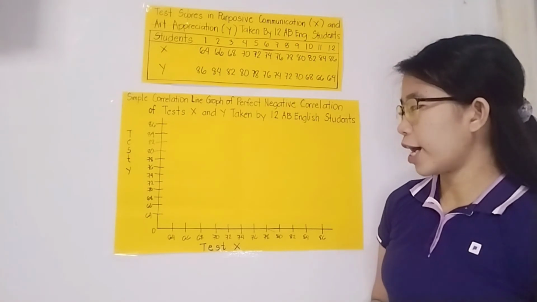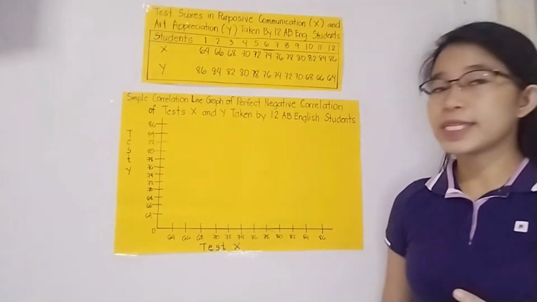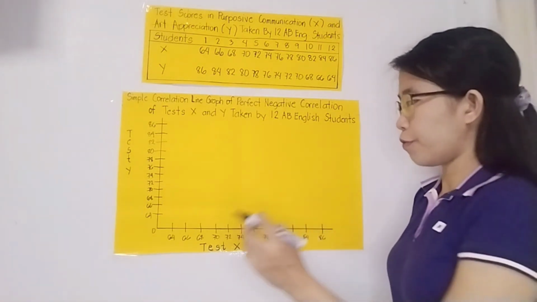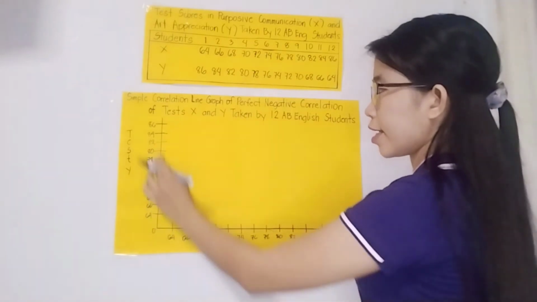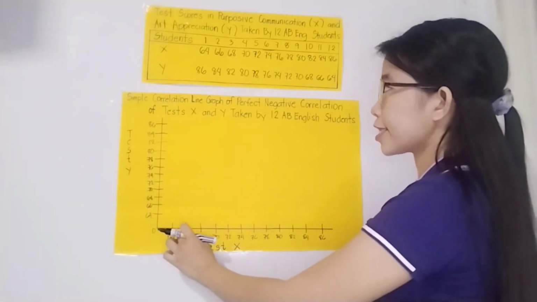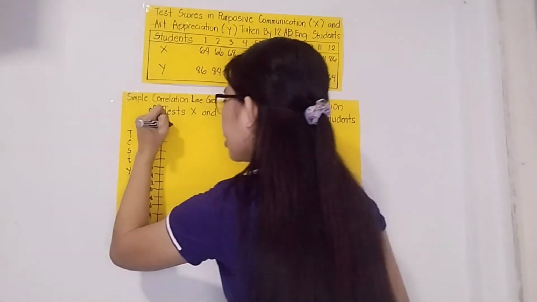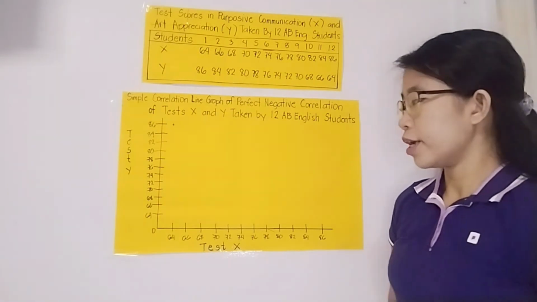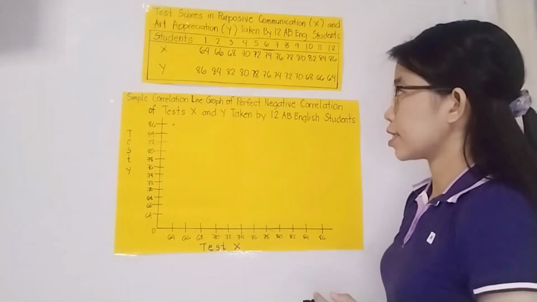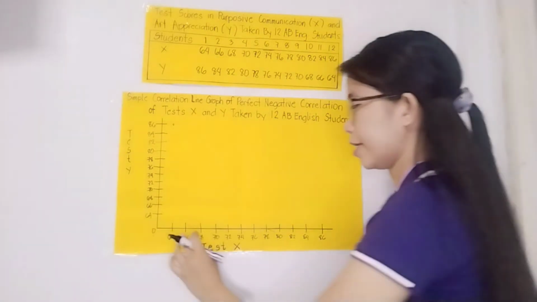So let's start with student 1, who got 64 in test x and 86 in test y. For student 2, got 66 in test x and 84 in test y.